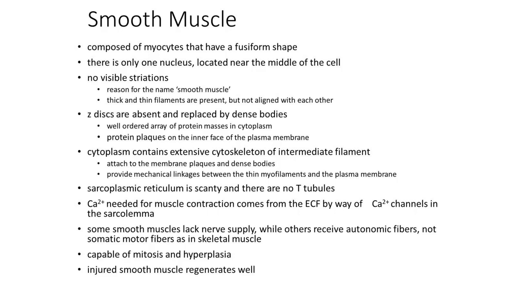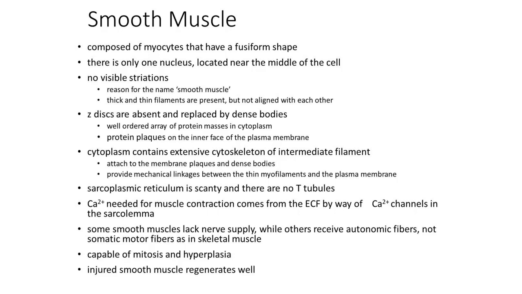The sarcoplasmic reticulum is scanty, and there are no T tubules. Calcium is needed for muscle contraction, and it comes from the extracellular fluid by way of calcium channels in the sarcolemma, which is the plasma membrane.